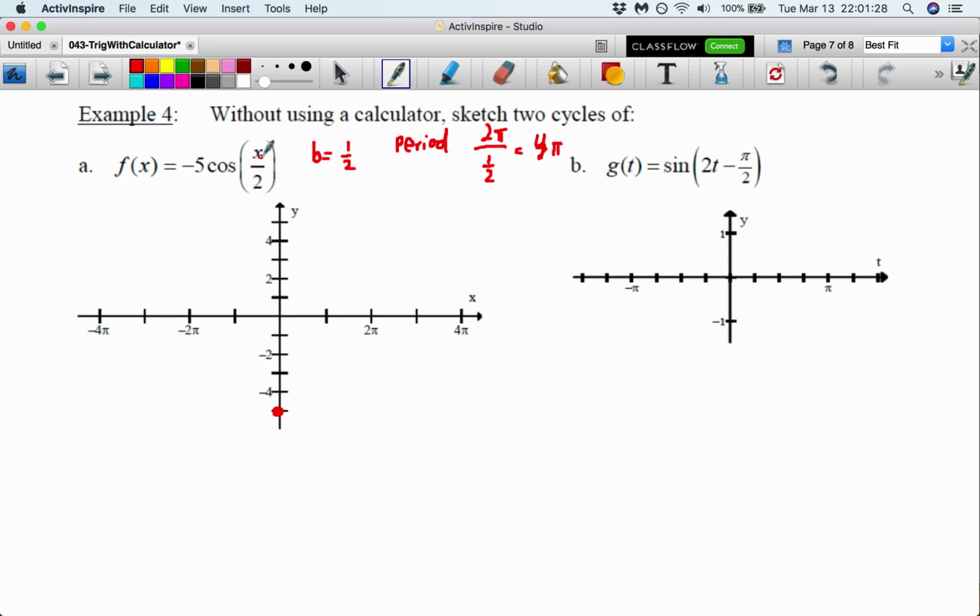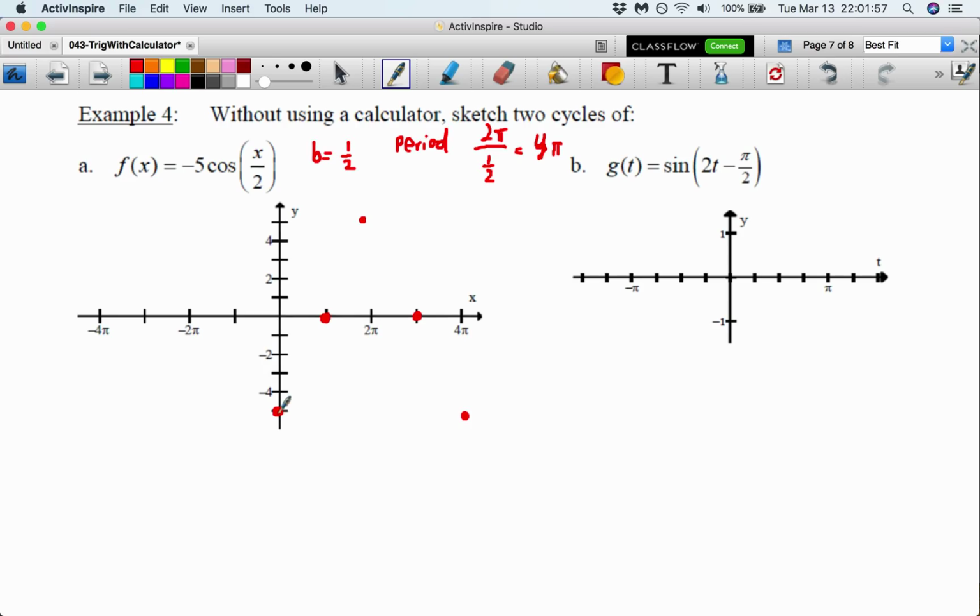Cosine of pi over 2 is 0. 2 pi, I'm getting cosine of 2 pi over 2, cosine pi is negative 1. We're getting 5. And cosine 3 pi over 2, 0. Cosine 4 pi over 2 is the same as cosine 2 pi. But I know from the period calculation I just did, it should repeat.